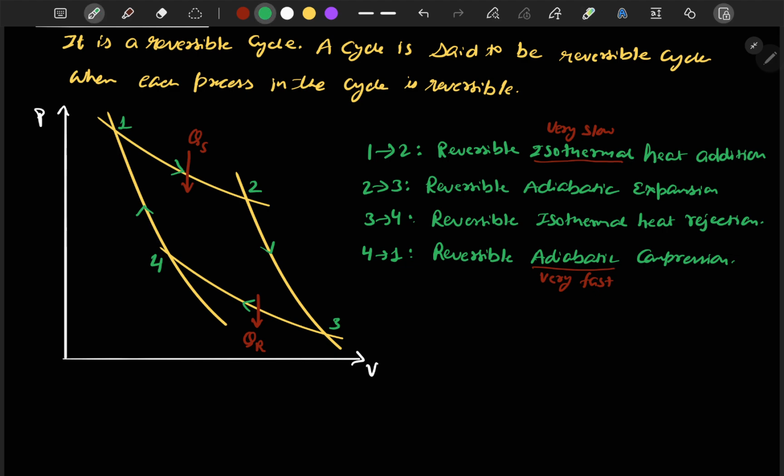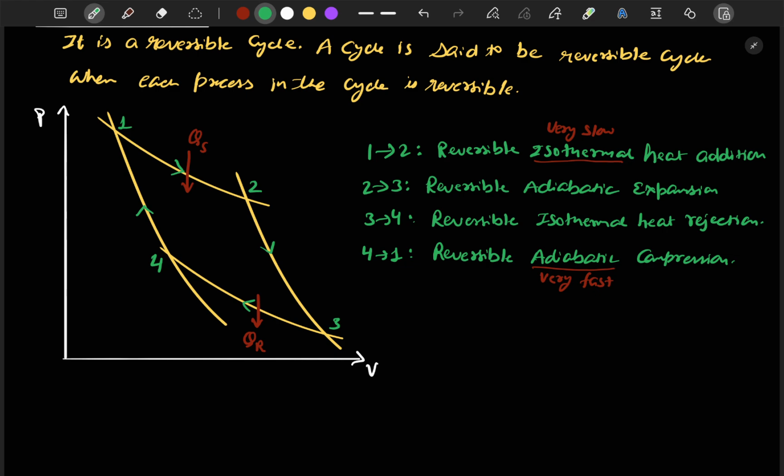So the Carnot cycle consists of two isothermal and two adiabatic processes. The isothermal processes are very slow, as I mentioned earlier, and the adiabatic processes are very fast.